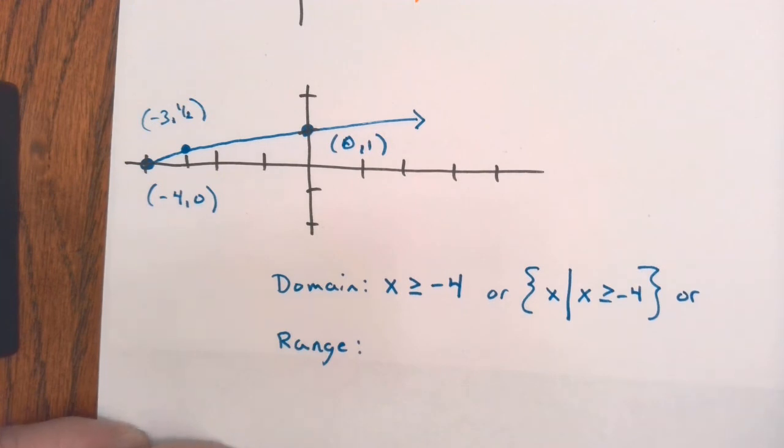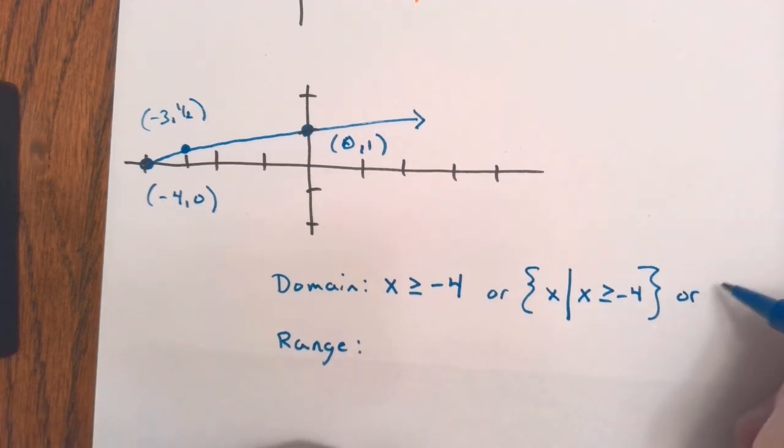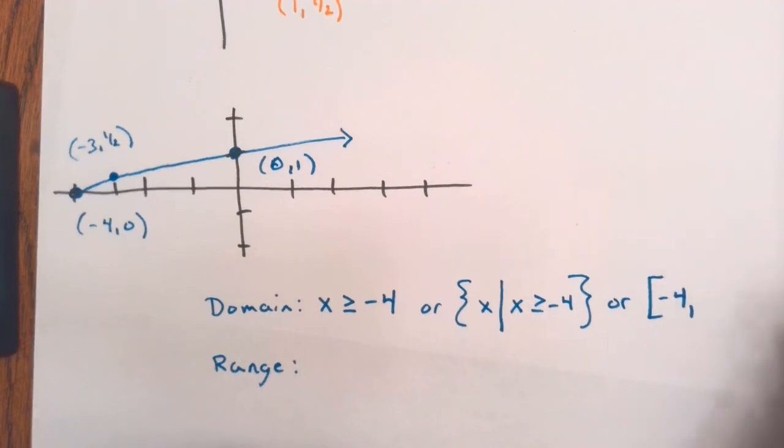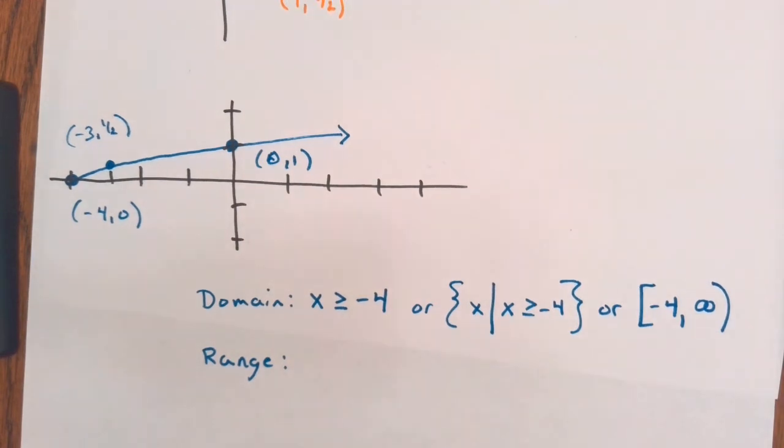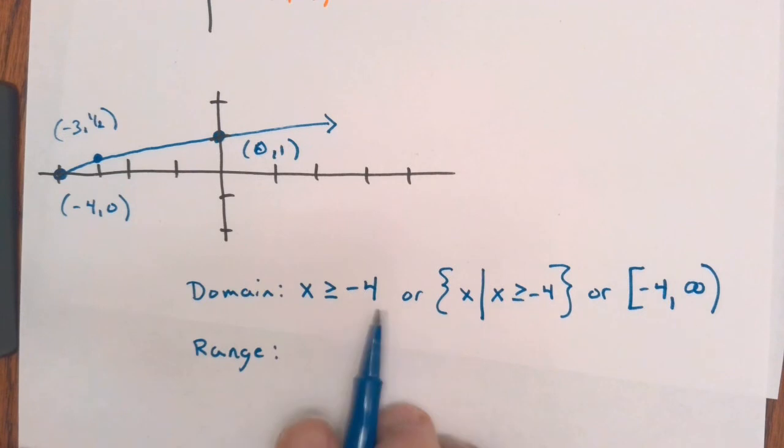You also could put this into interval notation. We're starting at -4, and we're including that value as part of our answer. And then as we go to the right, we go forever to the right. So from -4 to infinity. All 3 of those say the same thing. We would just need to represent our answer with one of those 3. I probably would use this first one, but all 3 of them are totally fine.